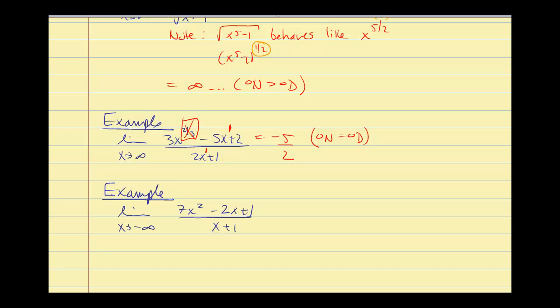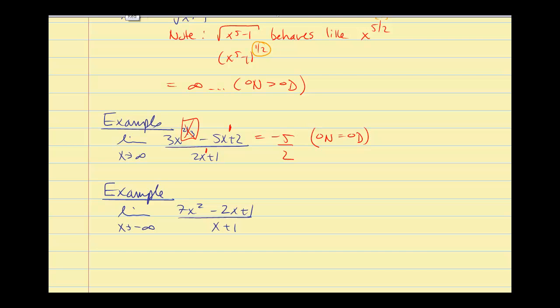Well, if we look at this, as I approach negative infinity, negative infinity quantity squared will be a positive infinity. Let's look at the denominator. In the denominator, this will be approaching negative infinity. So if we look at the ratio of these, the degree in the numerator is greater than the degree in the denominator.